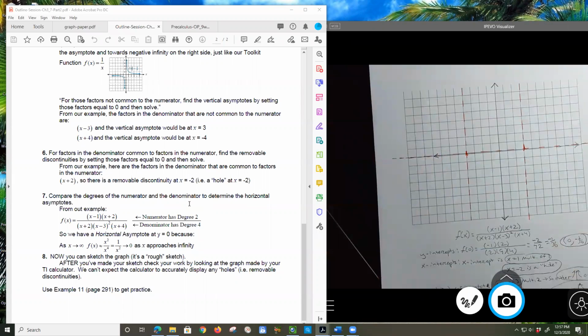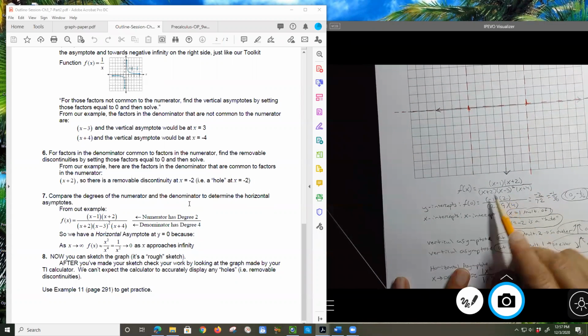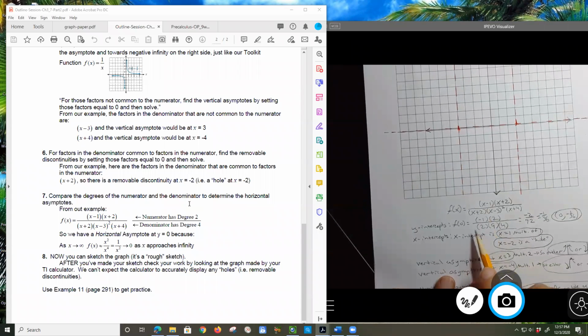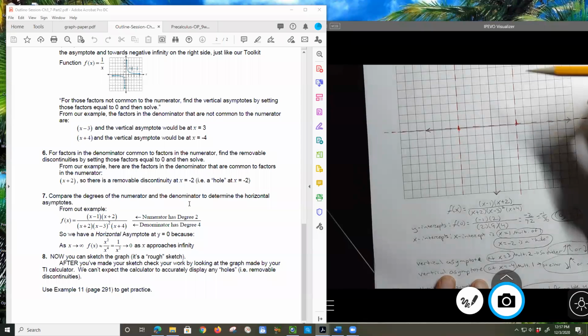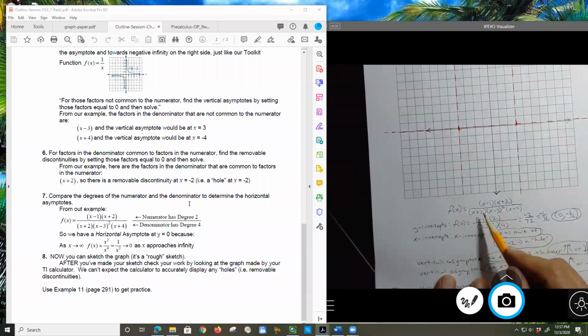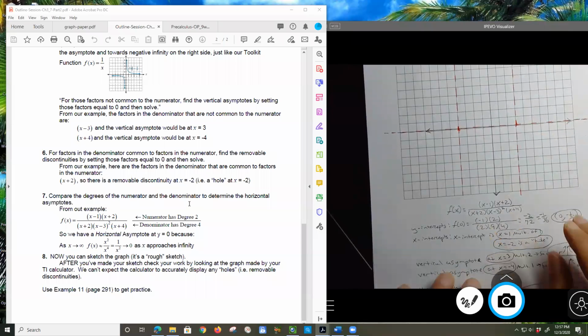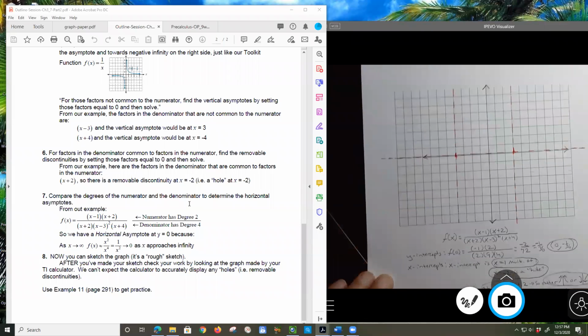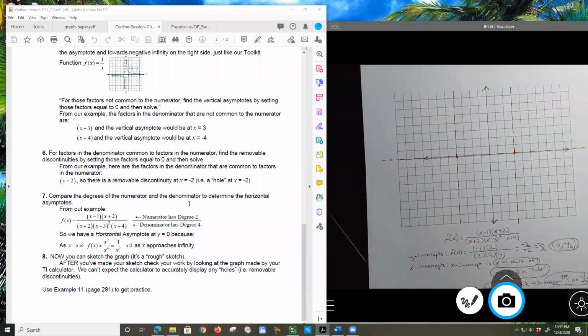And knowing these skills is helpful because if you were looking at this, you'd say, oh, I should have vertical asymptotes at -4, 3, and -2. And if you looked at the graph and said, hey, how come there's no vertical asymptote there? Oh, that's right. It's a removable discontinuity, so it'll be a hole instead. And usually technology doesn't always show you the hole, but you need to know it's there.